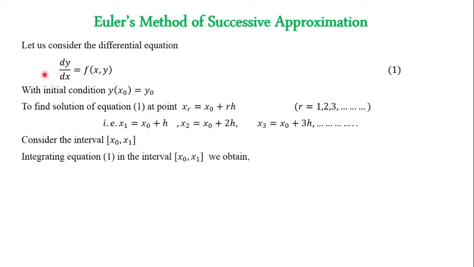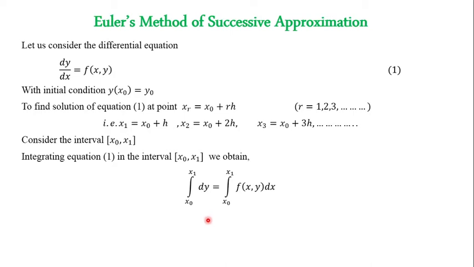So integrate equation 1 in the interval x0 to x1, within the limit x0 to x1. In the LHS, the derivative and integral will get cancelled, so we get integration of dy equal to integration x0 to x1 f of x, y dx.